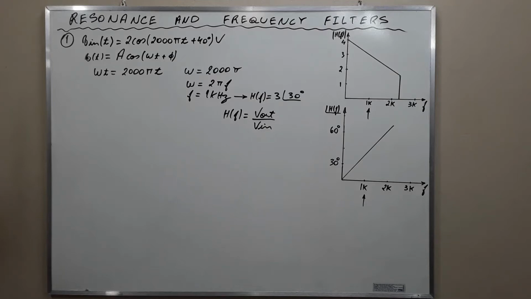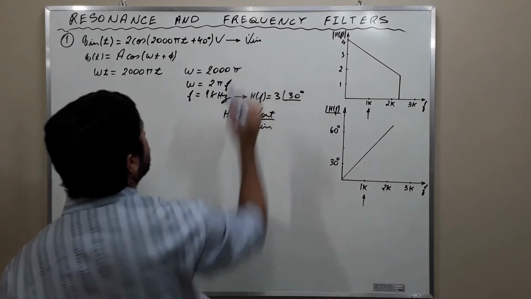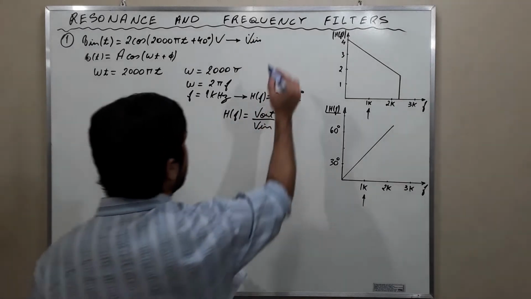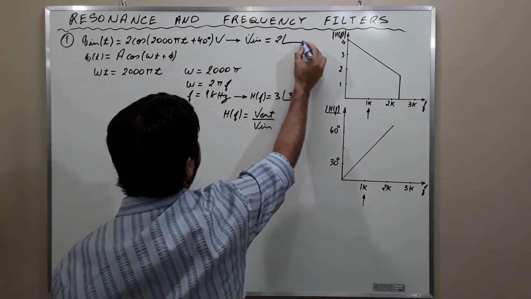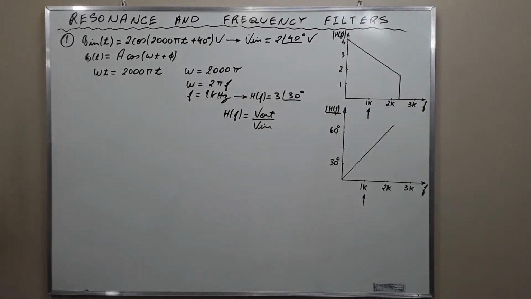As the phasor for the input signal is 2 phase of 40 degrees, Vin is 2 phase 40 degrees volts, we find Vout by multiplying the input phasor with the transfer function at 1 kilohertz.